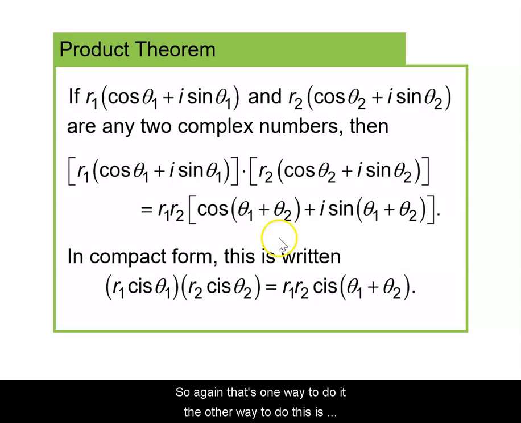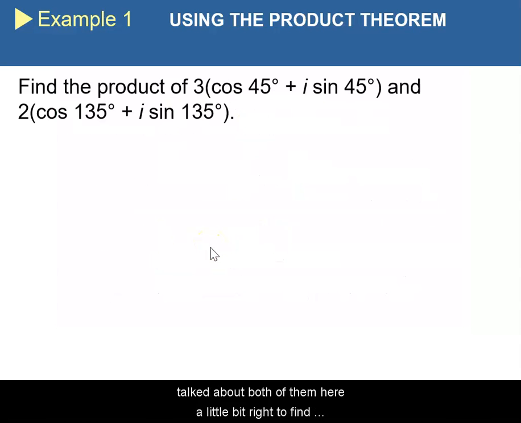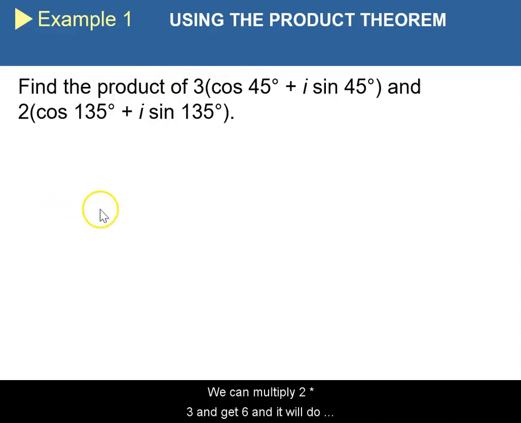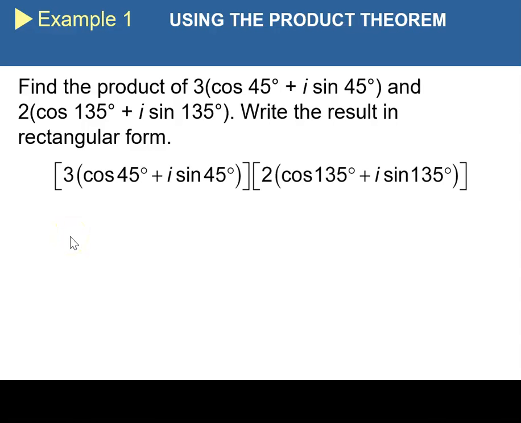That's one way to do it. The other way is to turn these into complex numbers and do the math in the complex world. Honestly, I prefer to do that, but we'll talk about both here a little bit. So if I want to find the product of 3 cosine 45 degrees plus i sine 45 degrees and 2 cosine 135 plus i sine 135, we multiply 2 times 3 and get 6, and then cosine of 45 plus 135, which gives 180, plus i sine of 135 plus 45, which also gives 180.